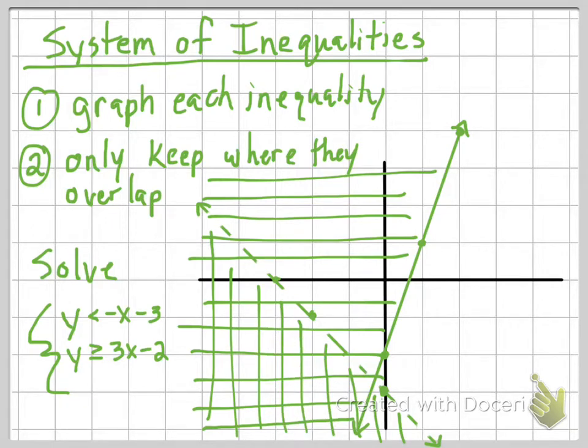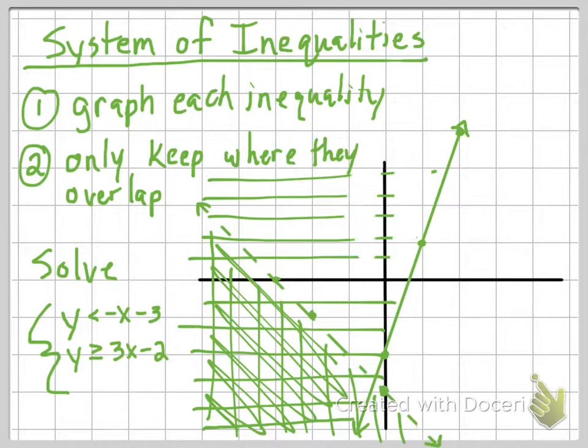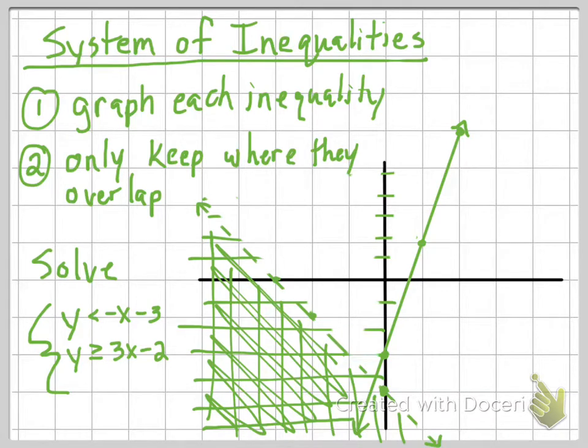That means I need to get rid of everything except this. This is my shaded area. So I need to go ahead and erase all this other stuff so that I only leave the overlapping area, because the overlapping area is the solution.